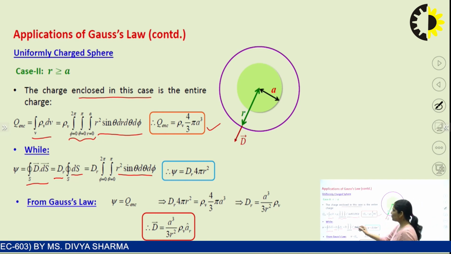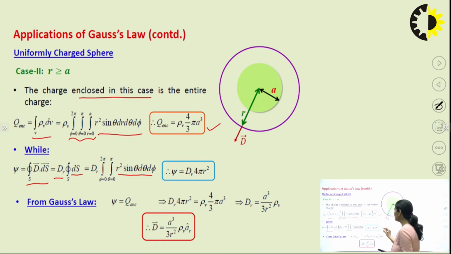So you can integrate it with respect to theta and phi and find the flux is equal to D times 4 pi r squared. Now this is your enclosed charge and this is your flux. So you can write flux equal to Q enclosed, and put in equation 1 and equation 2, which are equal.